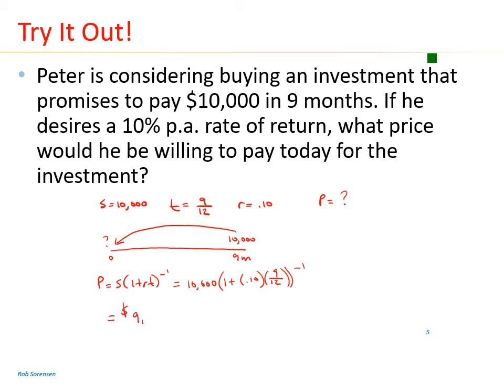In this case, $9,302.33. So Peter would offer that today. Over the course of the next 9 months, you'll make almost $700, which if we work that out to an annualized rate of return, is exactly 10%.